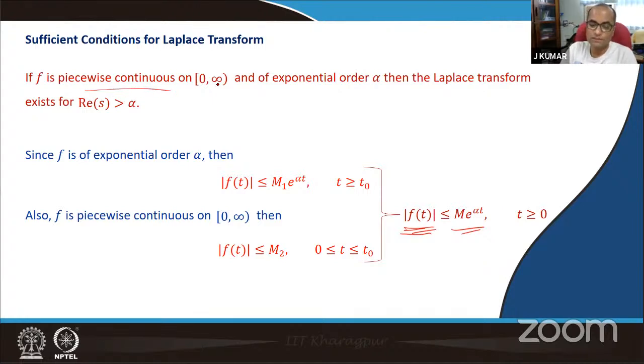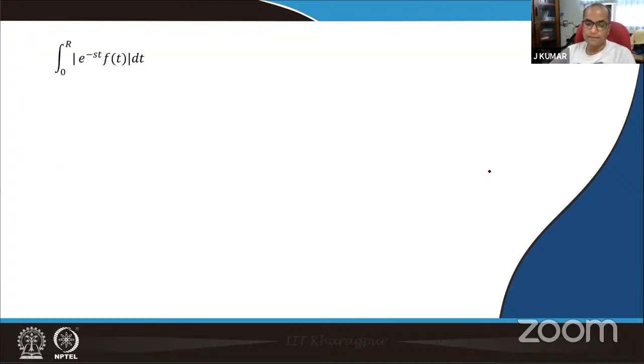So these two conditions are needed to set our function bounded by the constant m times e power alpha t. And once we have that, we can easily show that the integral from 0 to r of e power minus st f(t) dt, in fact when we have the absolute value, makes sense. If we can show that with the absolute value of the integrand this integral makes sense, then definitely without the absolute value it will exist.